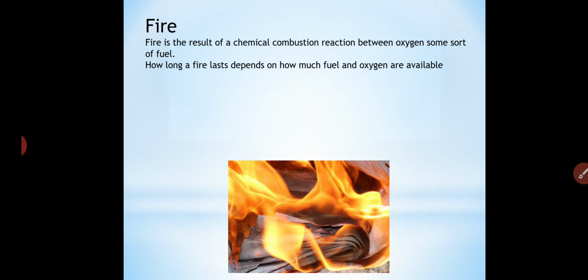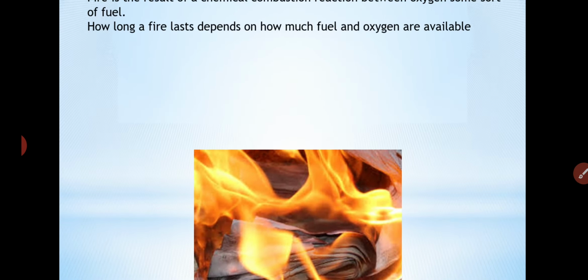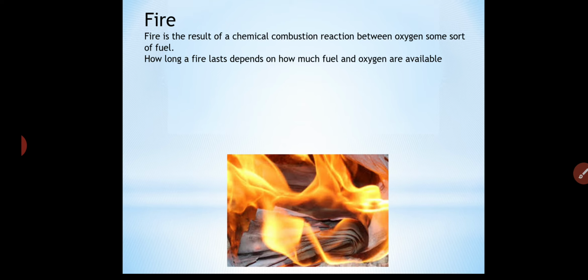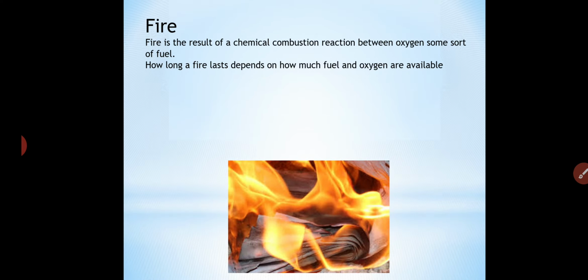What does it mean? When we have a combustible substance, with that we need some amount of oxygen, and the substance will burn. How long it burns depends on how much substance is present and how much oxygen is available. So the fire will last for that much time.